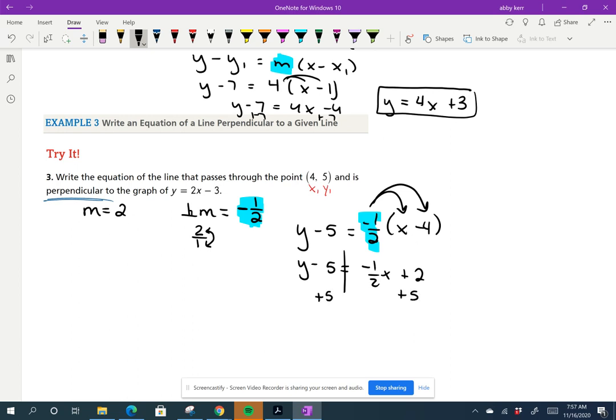Add 5 on both sides. We're going to have y equals 1/2 x plus 7. Now, to check your answer, please go to Desmos and see if the lines intersect at a 90-degree angle and that your point, 4, 5, is on your new line, which is y equals -1/2 x plus 7.